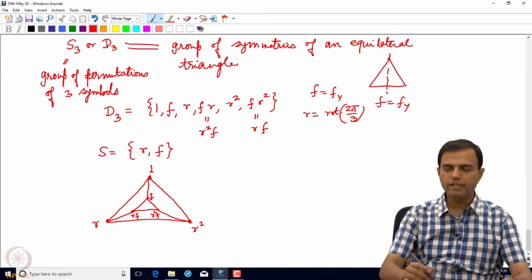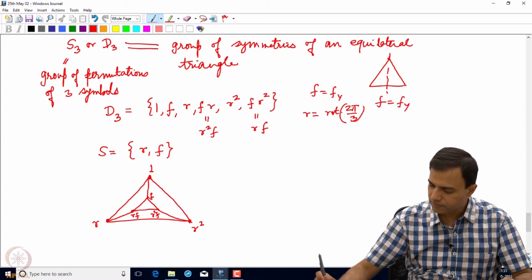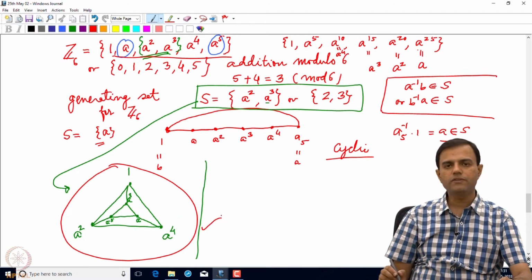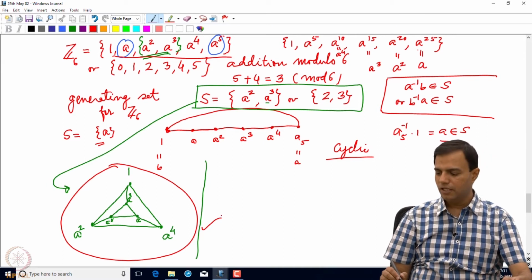So you carefully look at this graph and carefully look at the graph that was there for the case of Z6. Both the graphs look same. Are these two groups same? No. These two groups are not same. One is abelian group, another is non-abelian group.